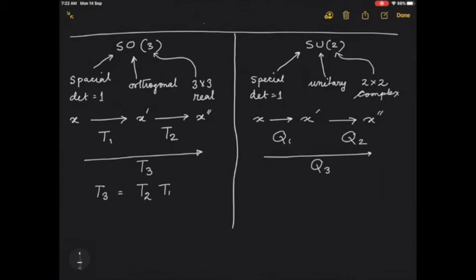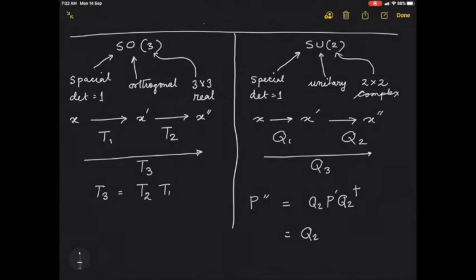So let's ask the question, how do I write the final state in terms of the initial state? Now the final state here I represent by P, so I call it P double prime, which is after the two transformations. So X double prime here is represented as P double prime. That will be the way we are transforming, Q2 on the previous one, which was P prime, and then Q2 dagger.